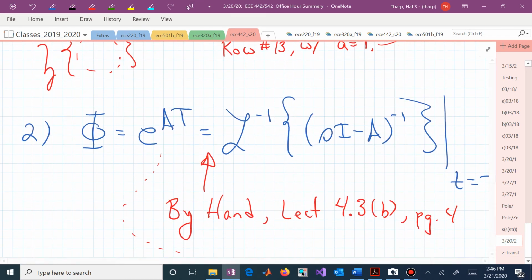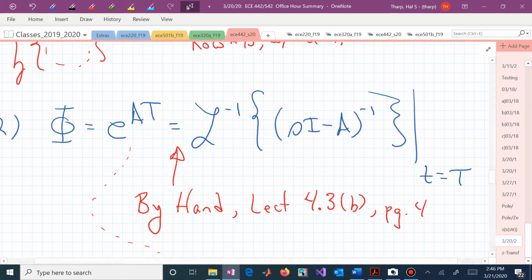Question 2. When you're doing this by hand, the most direct or straightforward way to find this matrix exponential, e to the matrix A times T, where T as a scalar is our sample period, is to find the inverse Laplace transform of a matrix. The matrix now is an expression in terms of the complex variable s.